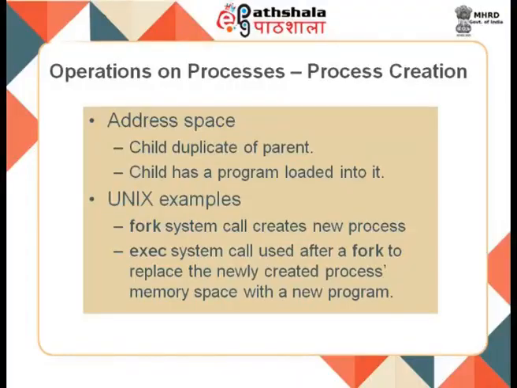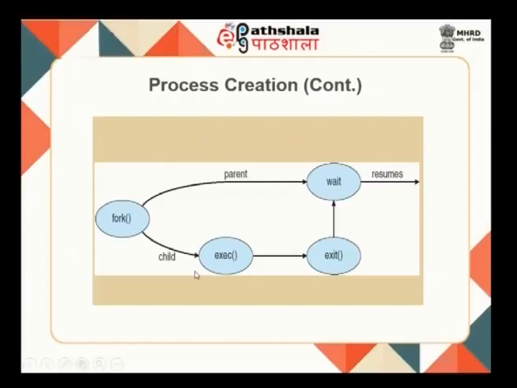In the case of Unix, you have the fork system call which creates the new process. The exec system call can be used to replace the process memory with a new program. The fork will make a copy of the parent process, but the exec will overlay the copy with some other program. That is also possible.